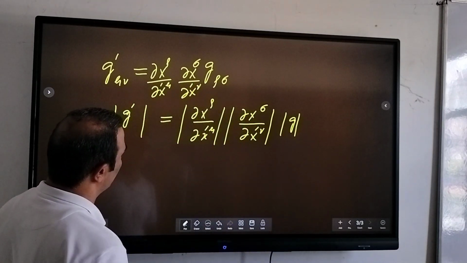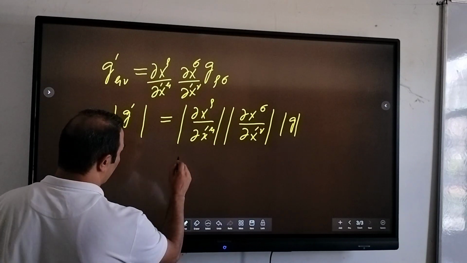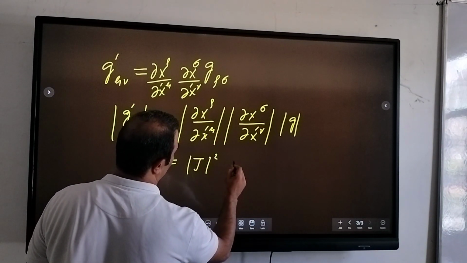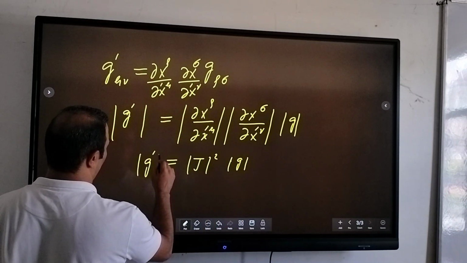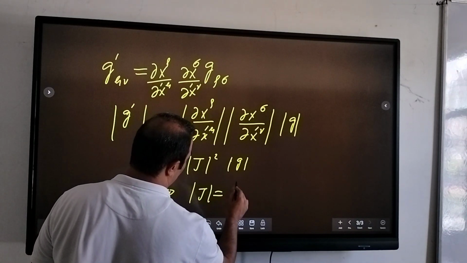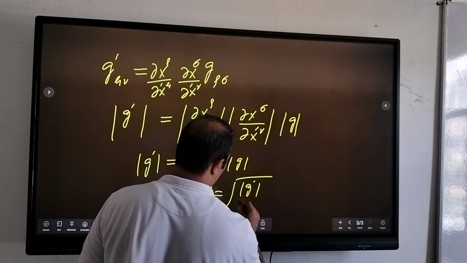So this G prime is simply this G square here, which implies that J will be equal to the square root of G prime.